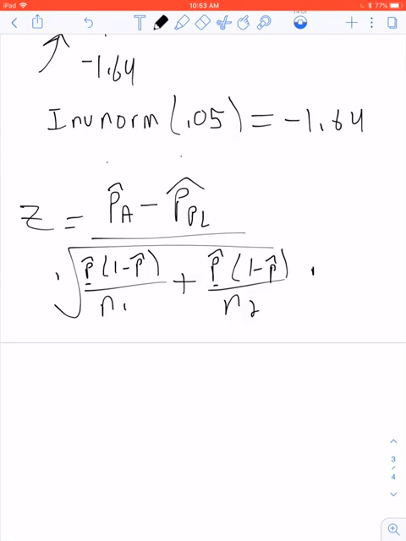So actually, I wanted to read you guys a little excerpt out of the textbook if I can find it. So here's what the textbook says. It says, you may be tempted to replace p1 and p2 in the denominator with the corresponding sample proportions p1 hat and p2 hat. Do not do it, and here is why. When they're talking about p1 and p2, they're talking about these values right here, and the corresponding sample values.